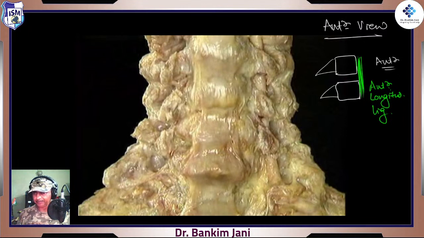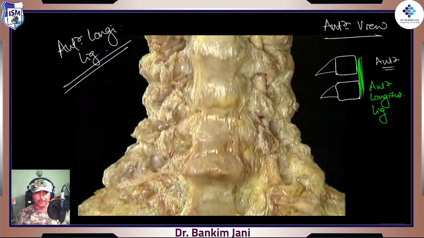Easy to understand. This is going all the way anteriorly, right? But an important point to remember is that there it is anterior, so there has to be a posterior. Otherwise, we would have called it just longitudinal ligament, correct?